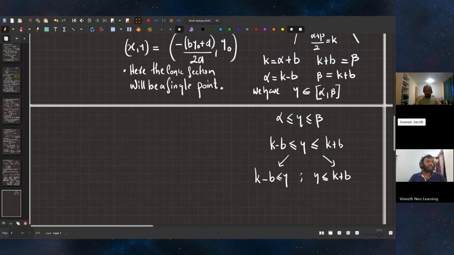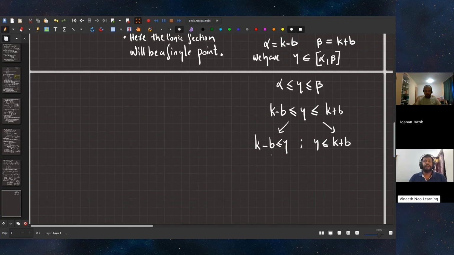From the inequality on the left side, we can find minus B is less than or equal to Y minus K. Similarly, from the right inequality, Y minus K will be less than or equal to plus B. Now we have two inequalities with Y minus K, so we can combine them.